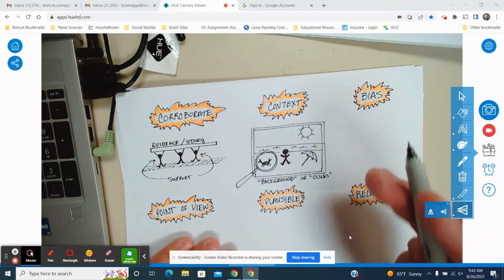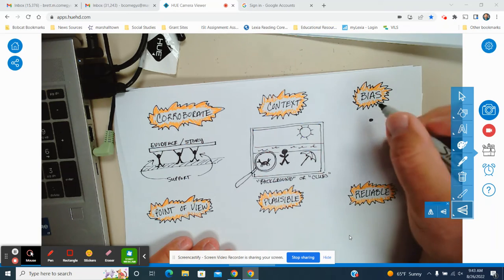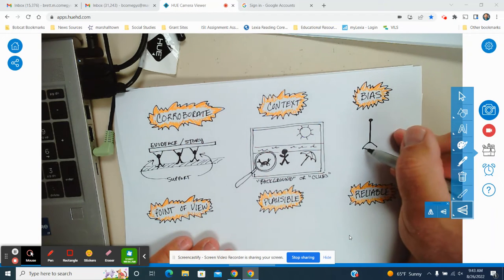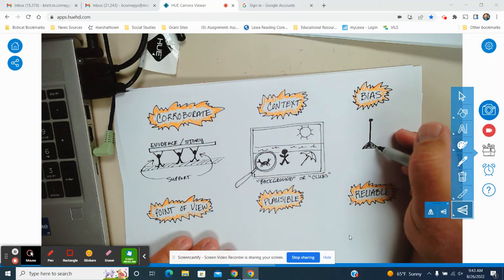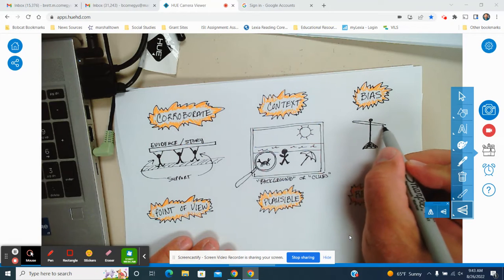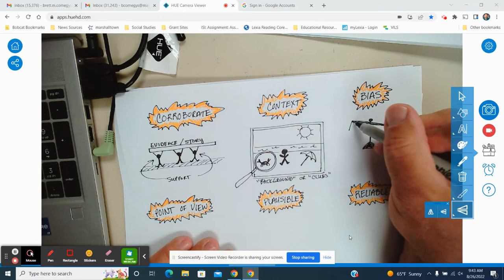The next term is actually a lot easier than it looks, and I'm going to use a scale to help me better explain it. And if you don't know what a scale is, I want you to think about when you go to the grocery store and you have to weigh out how heavy something is to figure out the price.